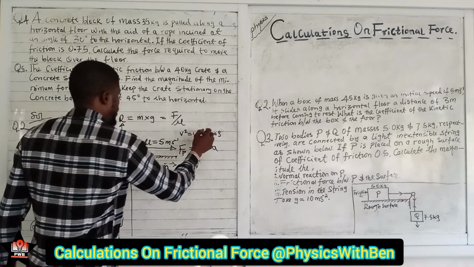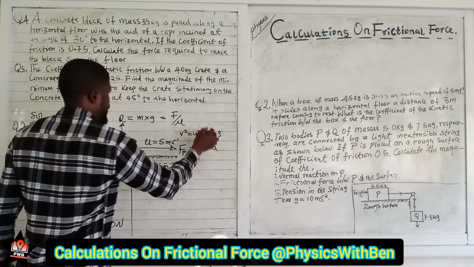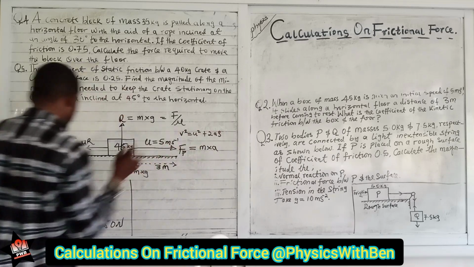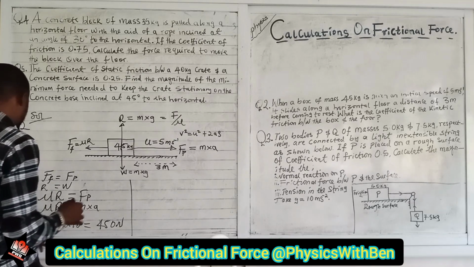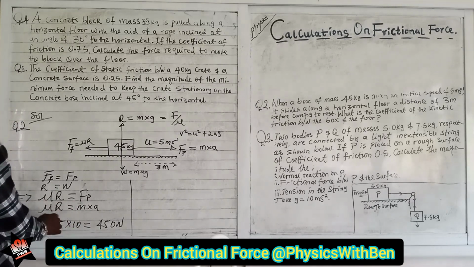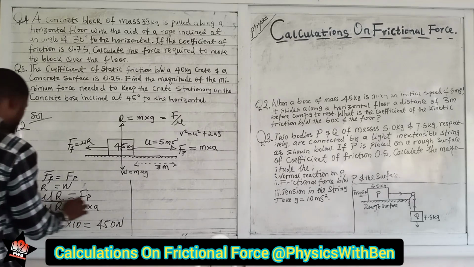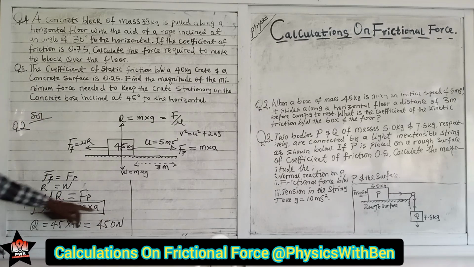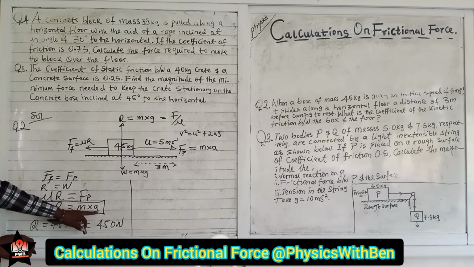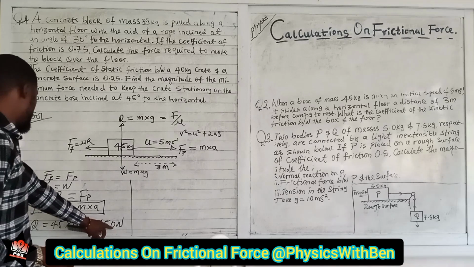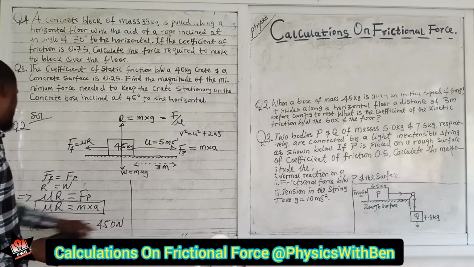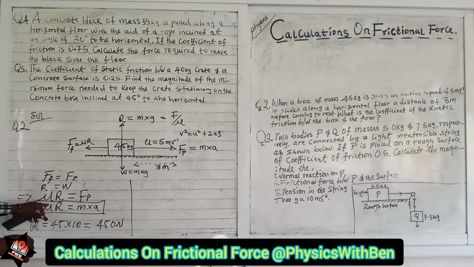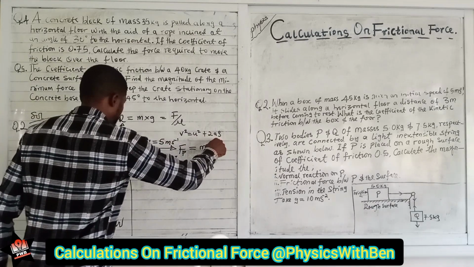So, if we plug in these values, we are going to find our acceleration. Acceleration is not given here. This is the equation we are going to use to solve for it. We have found our normal reaction to be 450 Newton. And then we're going to find mu from the formula.